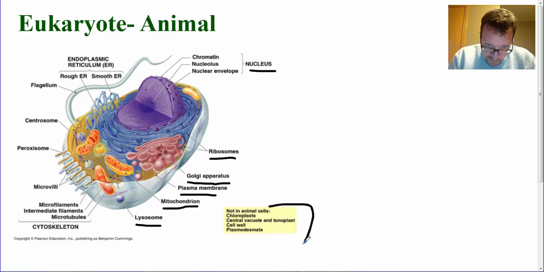What you don't see in animal cells are chloroplasts, which we'll see in the plant cells are there because plants are autotrophs for making their own food from light energy. The central vacuole and the membrane that surrounds it is called the tonoplast, and that's a storage center for plant cells. A cell wall, which we don't have, and plasmodesmata are the junctions that function between plant cells so they can communicate.